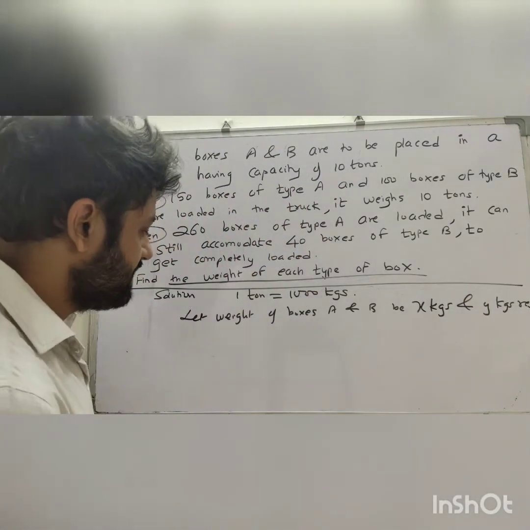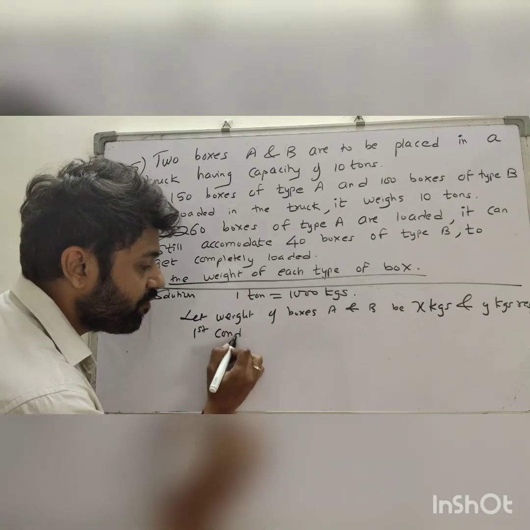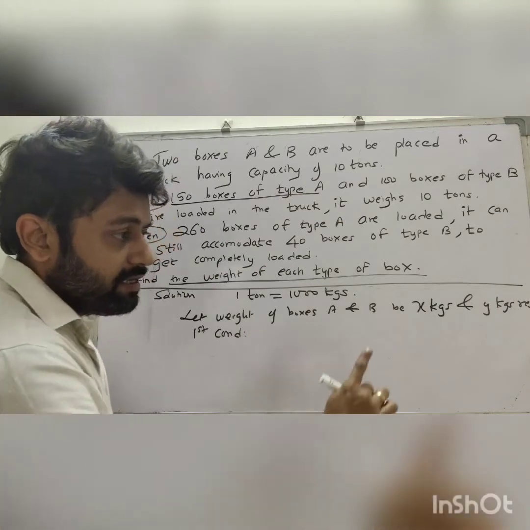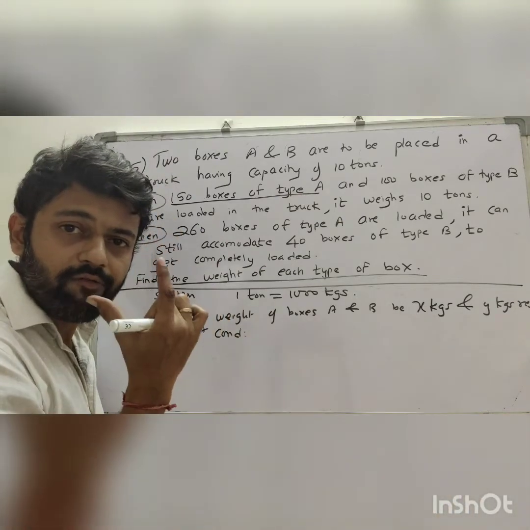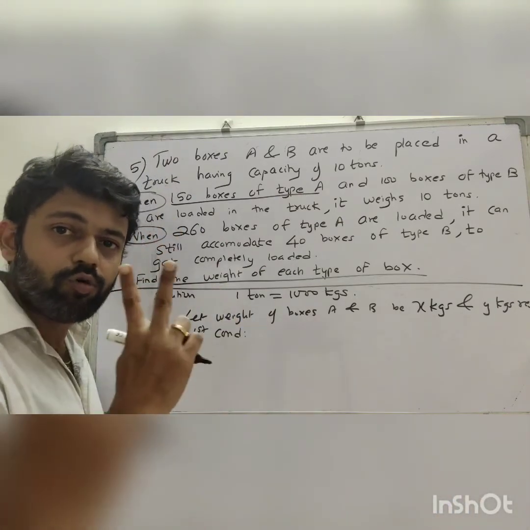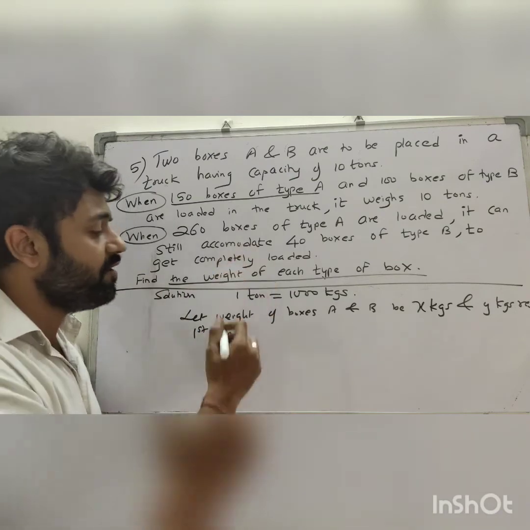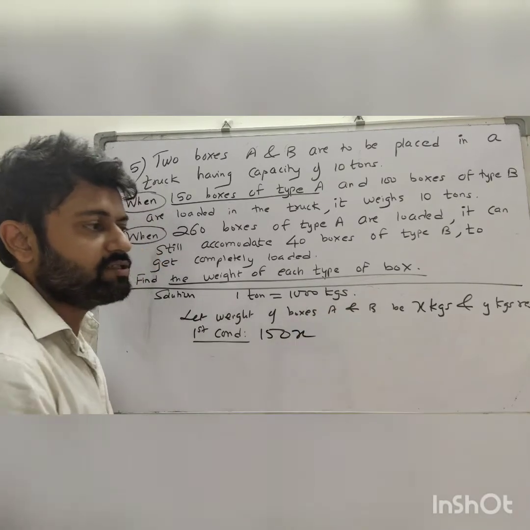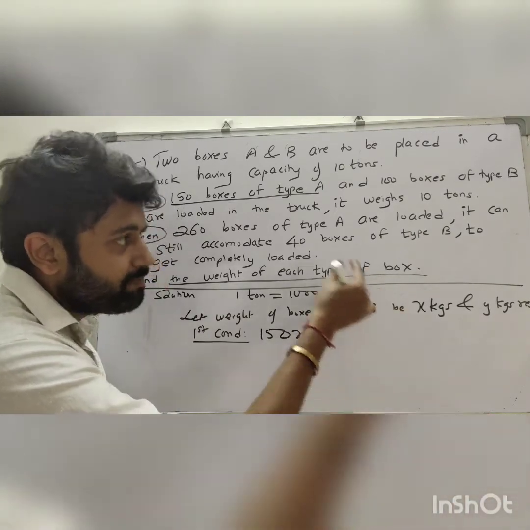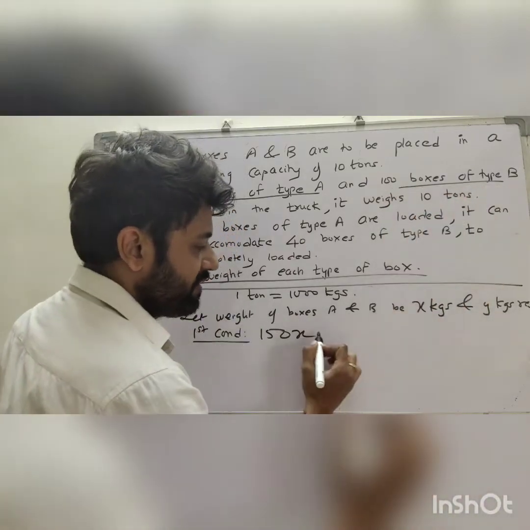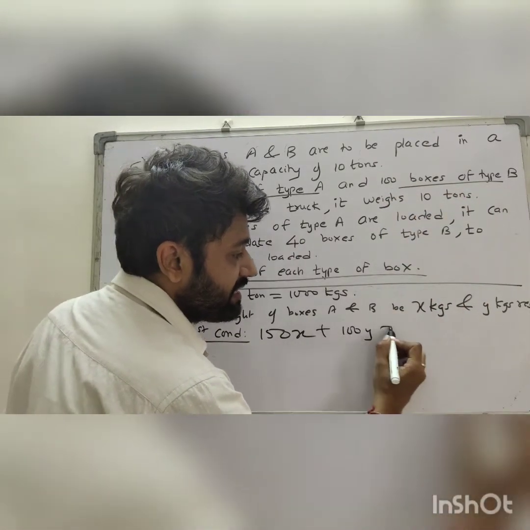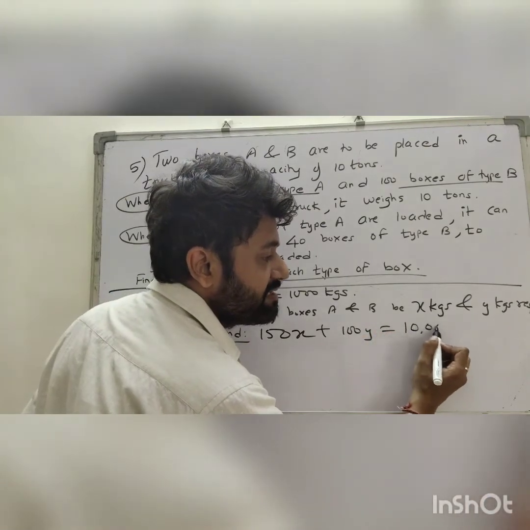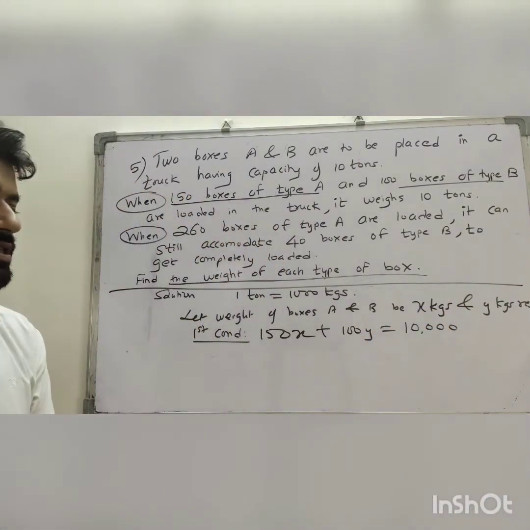The first condition says that there are 150 boxes of type A. This is the weight of one box. Here we have 150 boxes of A, so we will multiply x by 150, and 100 boxes of type B. Together they will weigh 10,000 kgs. 10 tons means 10,000 kgs.